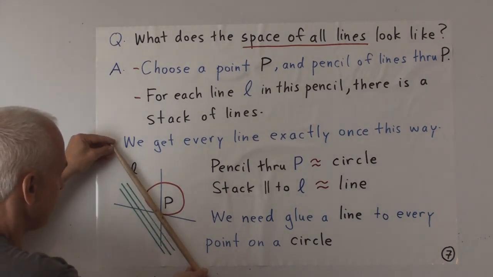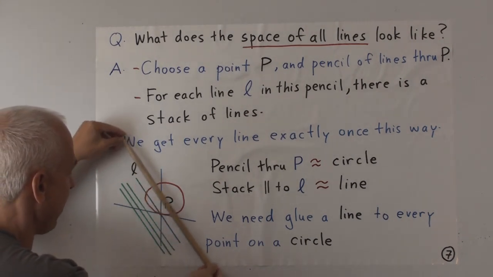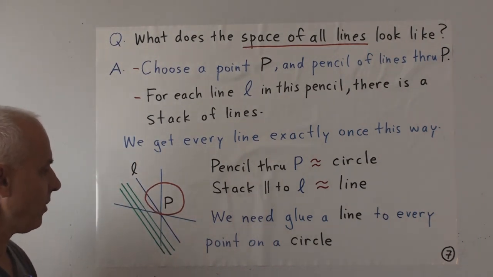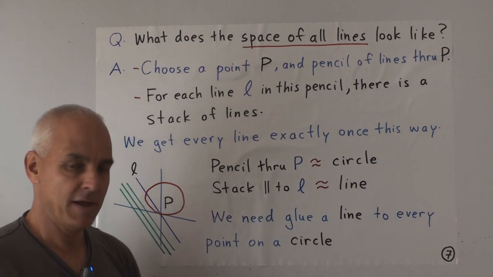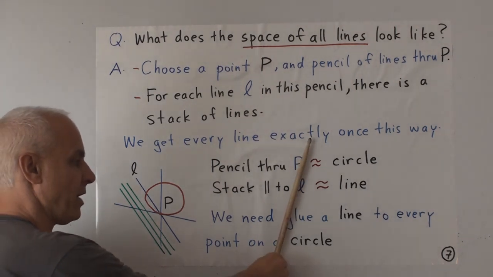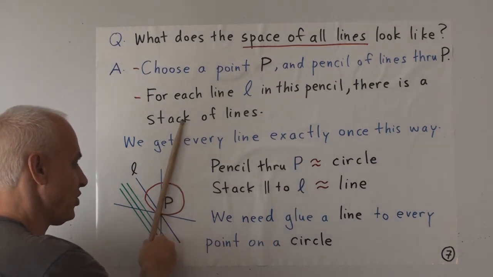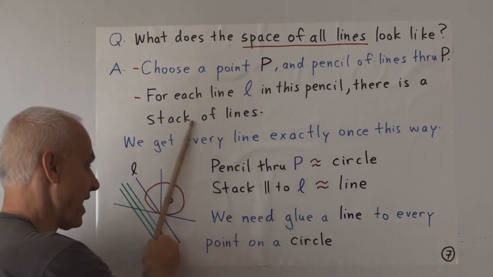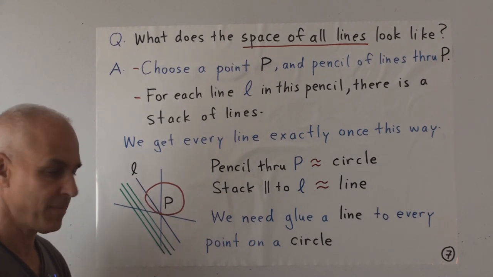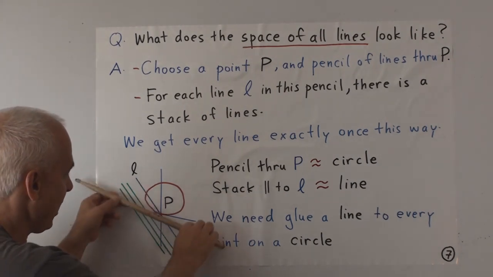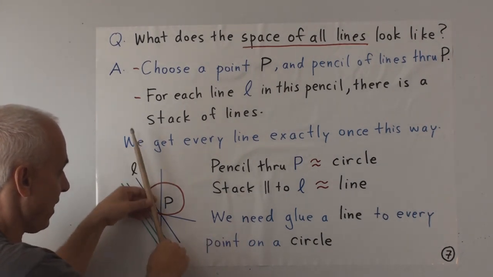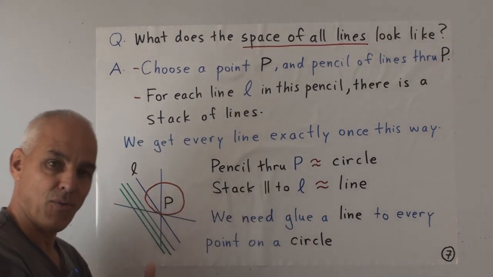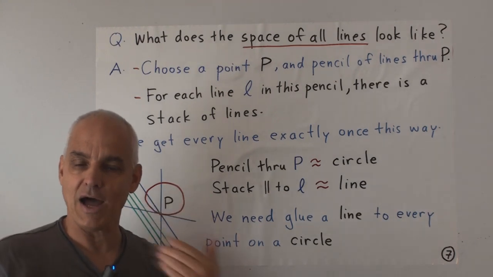The stack containing L. That is all the lines parallel to L. We see that we get every line this way, because every line, no matter where it is, is parallel to a line through P. And it's parallel to exactly one line through P. So by varying the lines in the pencil at P, and then for each one of those lines considering its corresponding stack, we are running through all the lines in the plane.